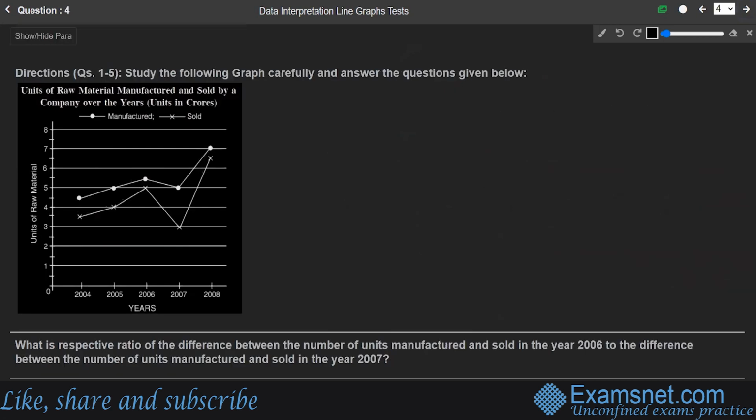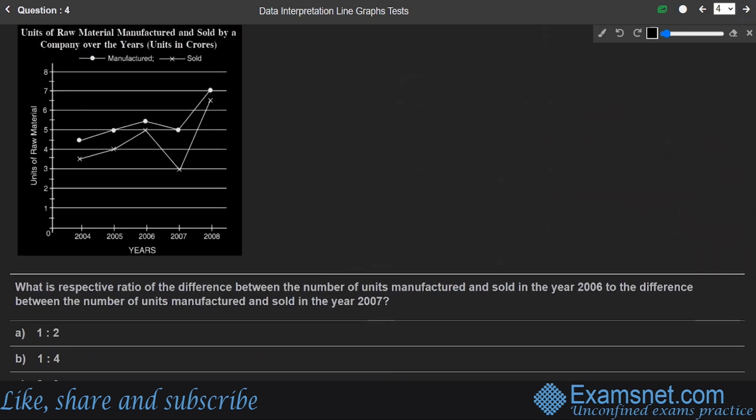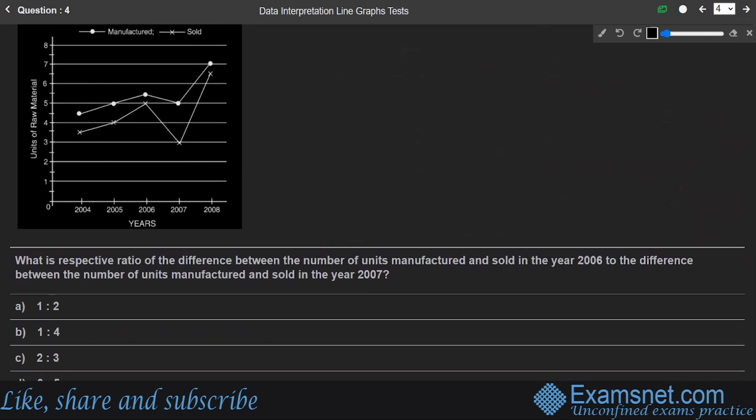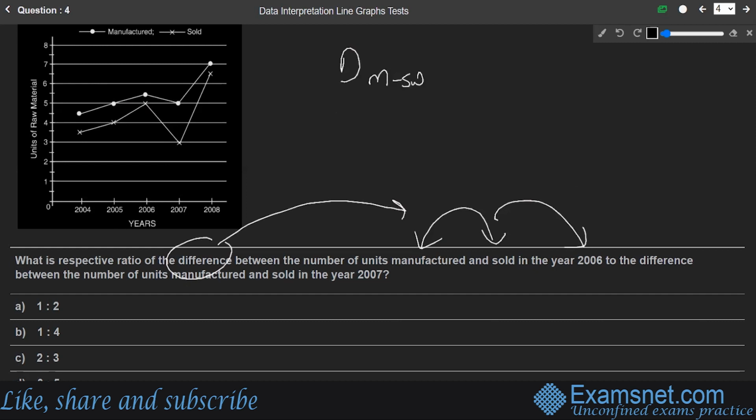Now, for the same line graph, we are supposed to answer a different question this time. The question says, what is the respective ratio of the difference between number of units manufactured and sold in the years 2006 and 2007? The first part of the ratio is the difference of manufactured minus sold in the year 2006.